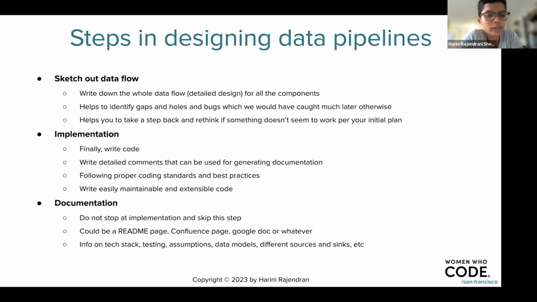Those are some of the things to keep in mind when you're actually implementing the various components of your big data pipeline. And once coding is done and everything has been deployed, the job doesn't end there. Frequently, we do a poor job in documentation as software engineers. I'm very mindful of that, and we make sure we properly document, because in the software industry, as you know, people keep switching companies.